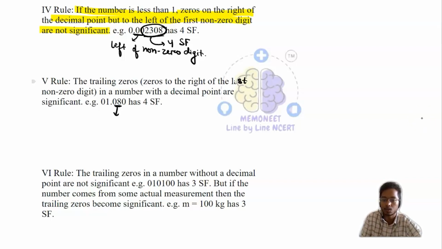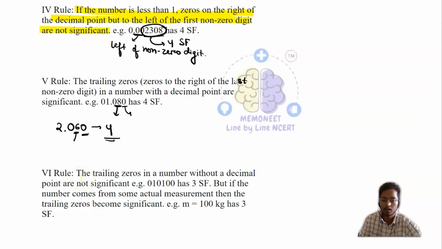After that, a 0 is there, which will be significant when there is a decimal number. Let's say we have 2.060. Here after the decimal point there is a non-zero digit, that is 6, and after that there is another 0. So this is significant. So we have 4 significant figures here.